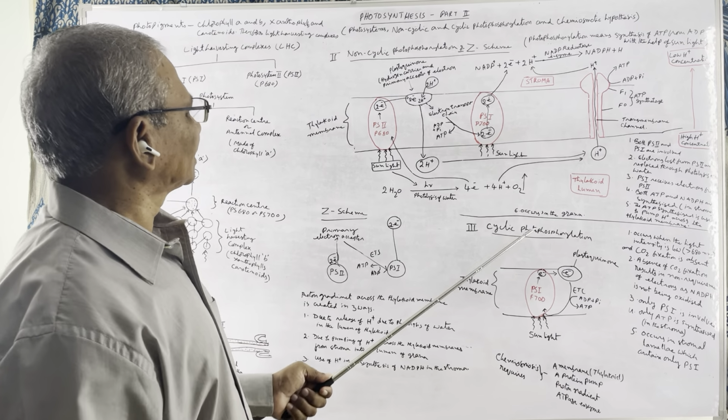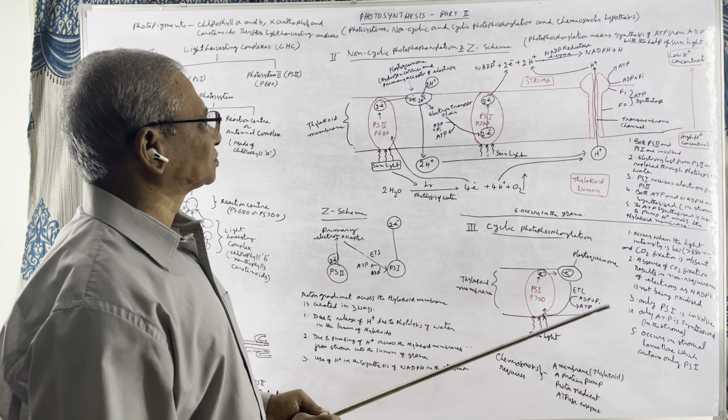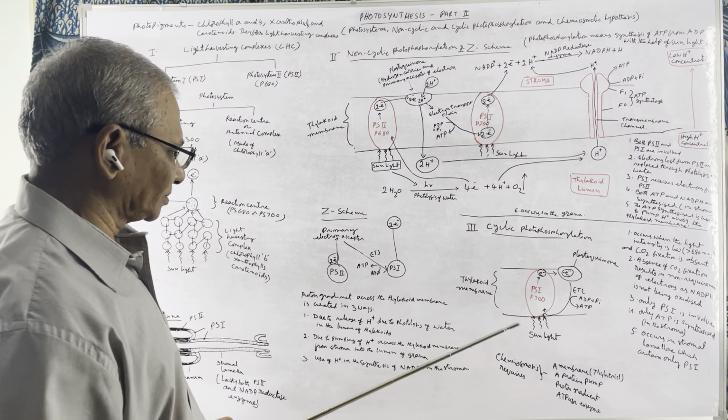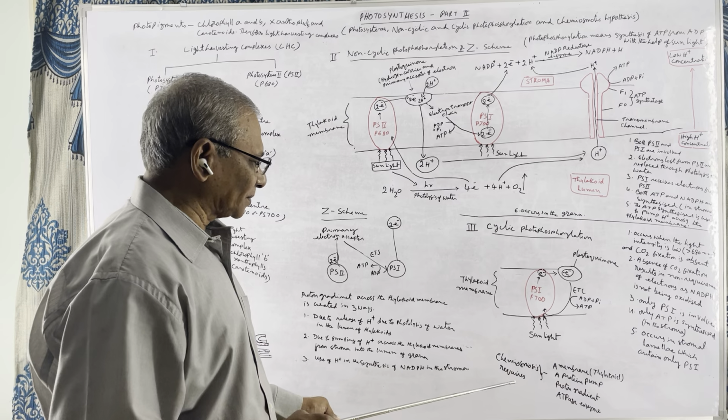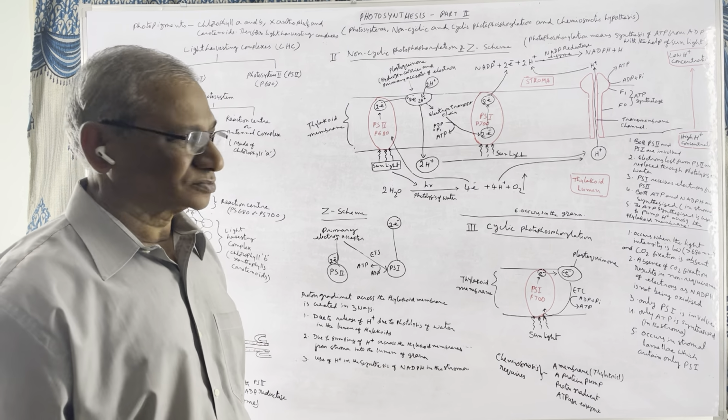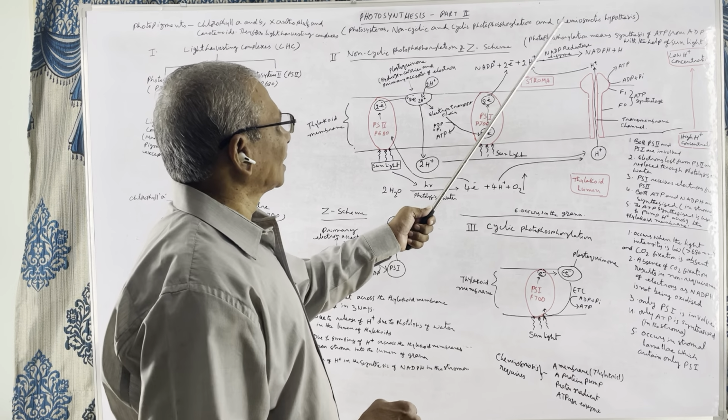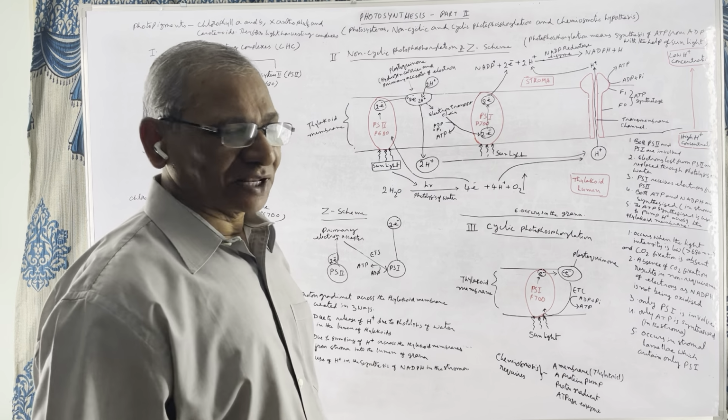This is known as the chemiosmotic hypothesis. Then, there are 4 requirements for the chemiosmotic process to take place.